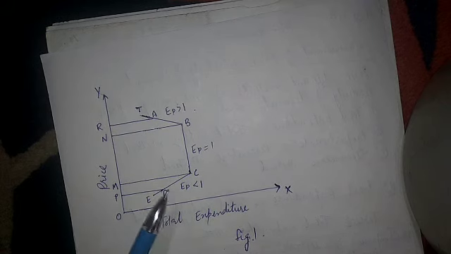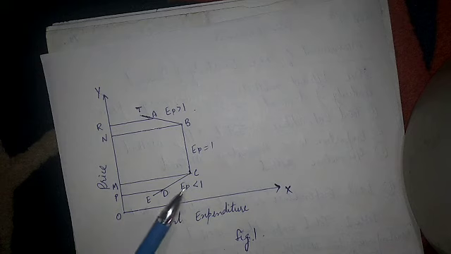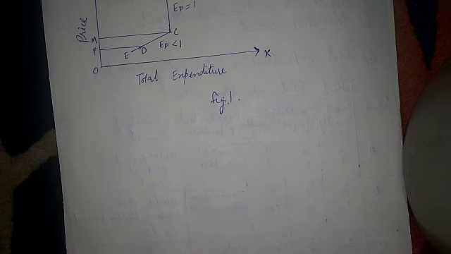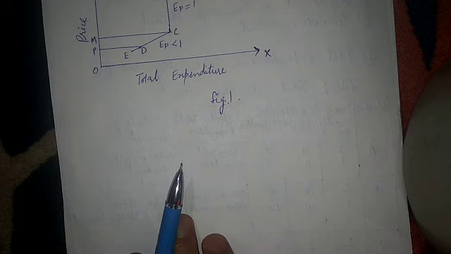And you can see here, in this case, the total expenditure goes in the same direction as the price does. So this is the total expenditure method or total outlay method of measuring the price elasticity of demand.